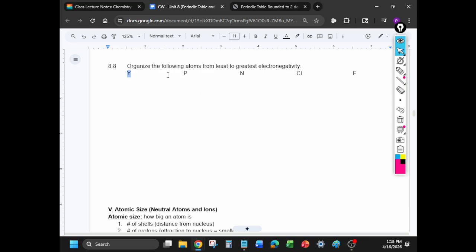So here are the 5 for this one. This will be our final example. Go ahead and see if you can use your periodic table. I would recommend using the trend first because the trend helps a lot with getting it done faster. I want you to organize these 5 from least electronegative to greatest in electronegativity. So take about 3 minutes. We'll go over that and we'll be done.